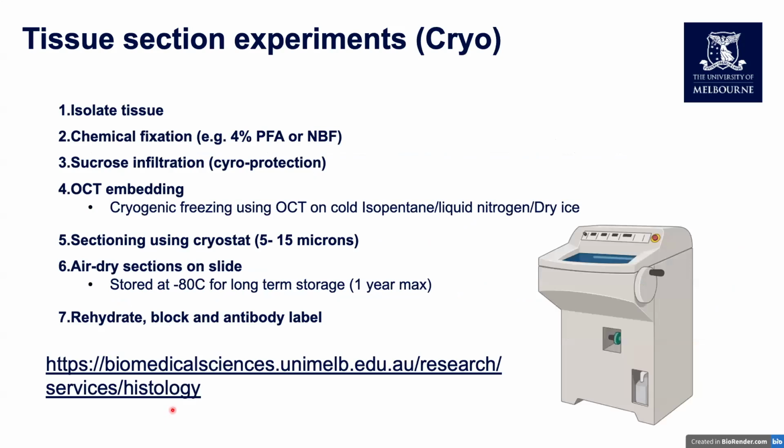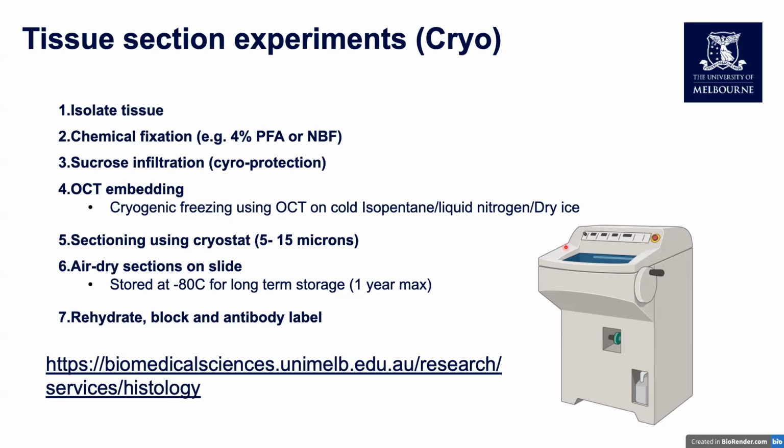Similarly, for tissue experiments where we are cryopreserving the sample, the histology facility will do that too. This is a cryostat, which will section the cryopreserved samples. Here again, we're isolating the tissue and chemically fixing, either in PFA or neutral buffered formalin. We're going to infiltrate with a sucrose solution before embedding into OCT, and we're freezing using the OCT.